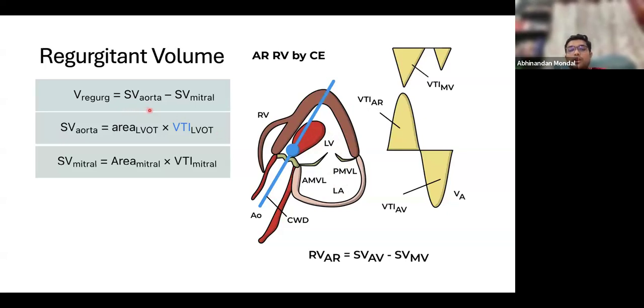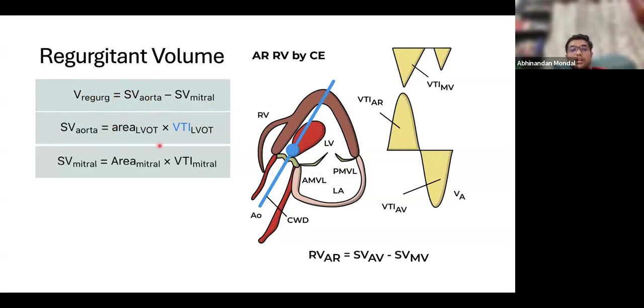So the stroke volume into the aorta is equal to whatever blood is returning plus whatever blood is coming from your LA. So the entire volume of regurgitation is equal to stroke volume of aorta minus stroke volume of mitral. Stroke volume of aorta means whatever blood is going through the aortic valve during systole.